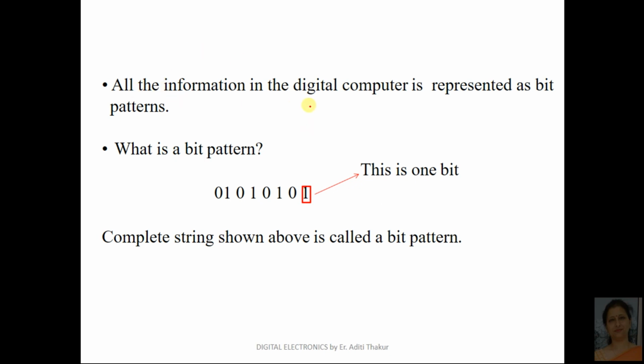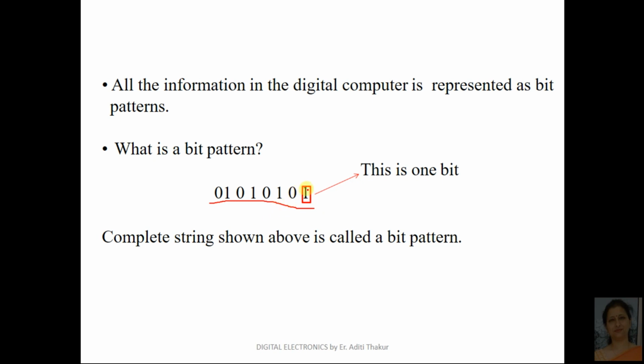All the information in a digital computer is represented as bit patterns. Any information which we store in a computer is represented in the form of bit patterns. Now, what is this bit pattern? Here, one bit pattern is represented. This complete string of bits, the complete string of 0 and 1, is called a bit pattern.